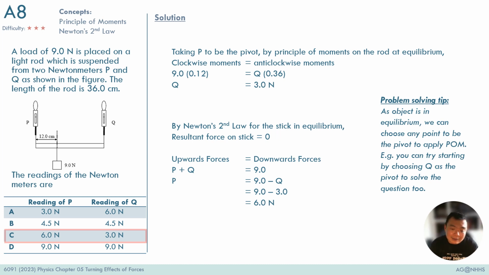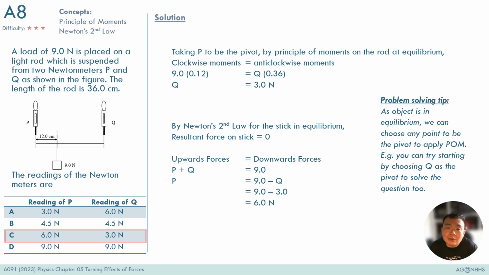Now, bring attention to the right side of the screen, and that is the technique that I have just used. When the pivot point is not obvious and not stated, as long as the whole setup is not moving, at equilibrium, you can choose any point on the beam to be the pivot.